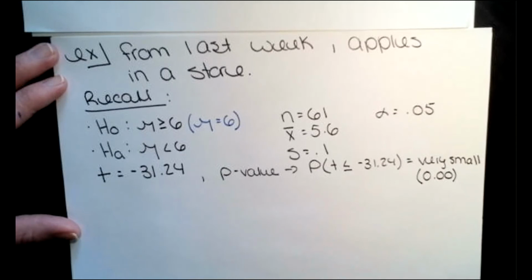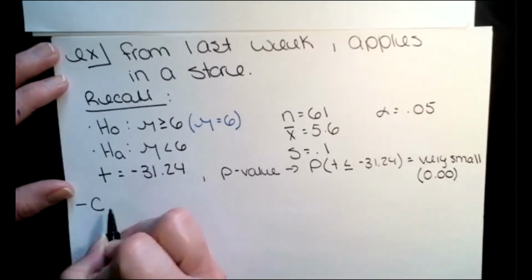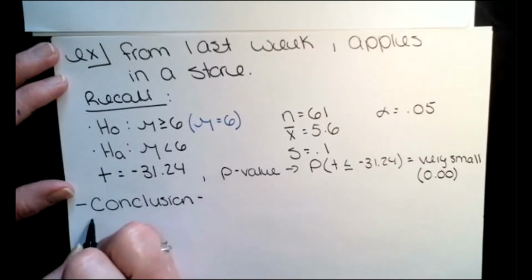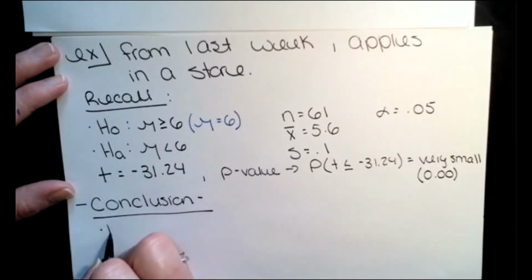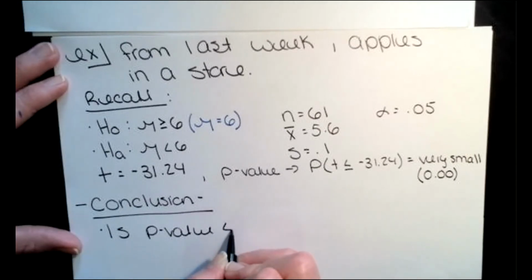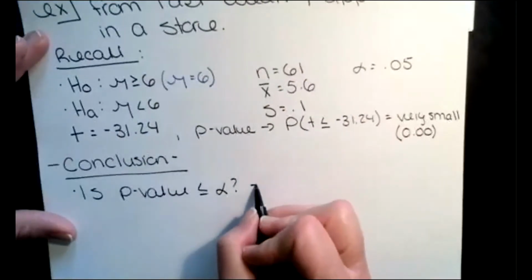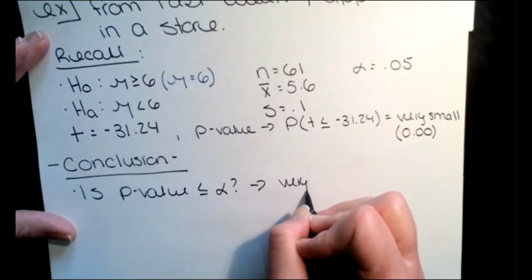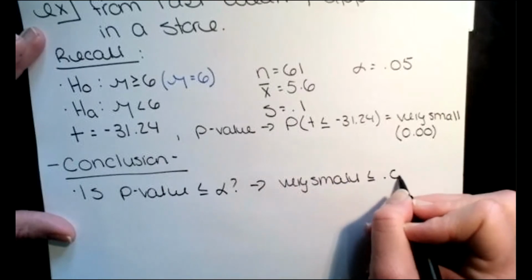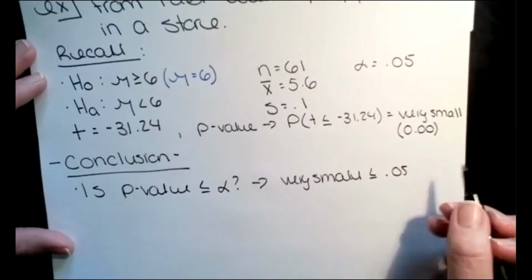Okay, so let's take a look at our conclusion here. We already know what the conclusion is. We already talked about it. But I'm going to ask myself, is the p-value less than or equal to my alpha? So is very small less than or equal to 5% or 0.05?